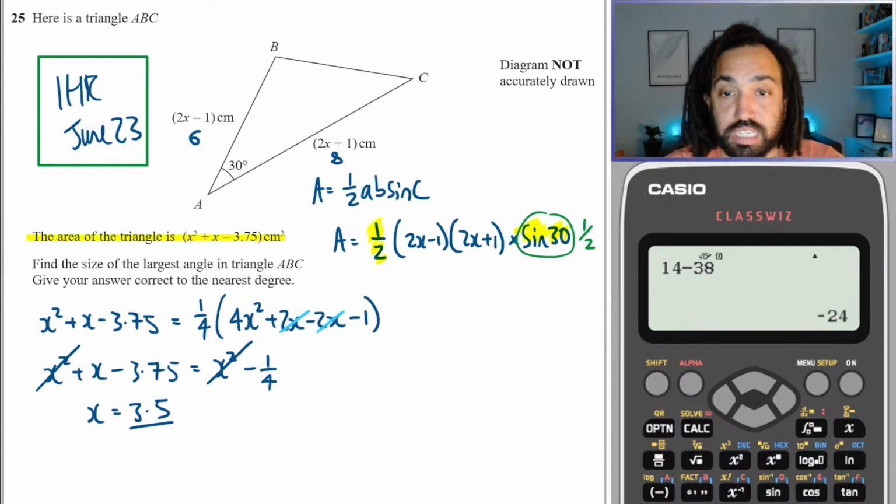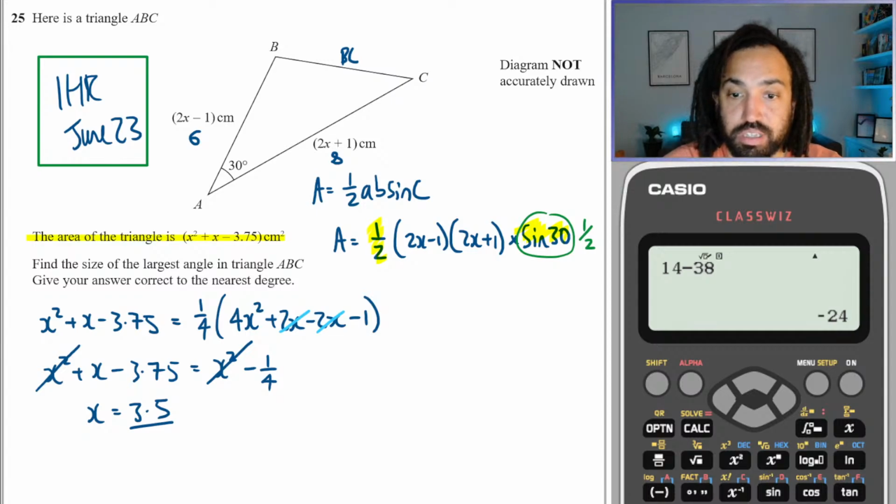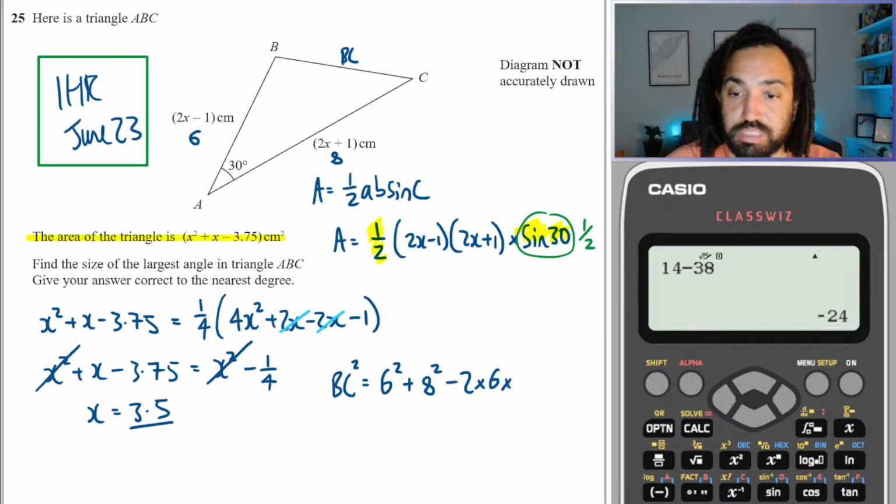So now it's just algebra. Well, we have to find this missing side over here. Let's call it BC. So we do BC squared is equal to a squared, which we'll call 6, plus b squared, which is 8, minus 2 times 6 times 8 times cosine of 30.